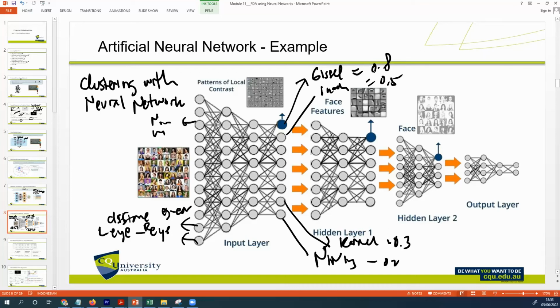So the highest score is Giselle, so the person is Giselle. The input layer will be detecting the distance, and then these are all the faces, and which one gets the highest score. So that is the work of the neural network.